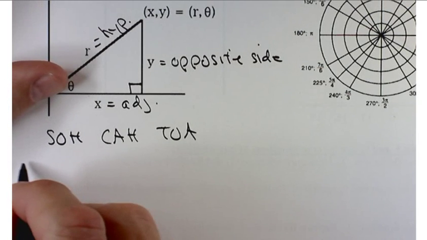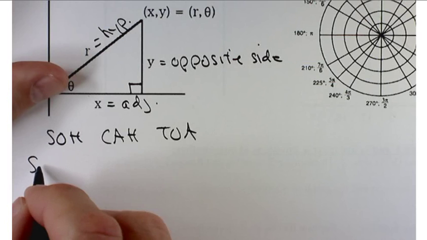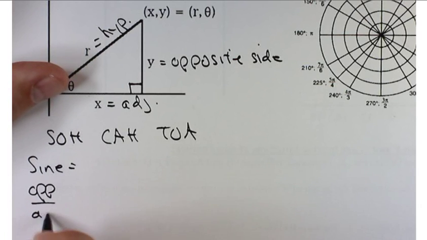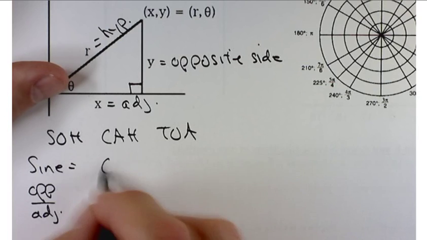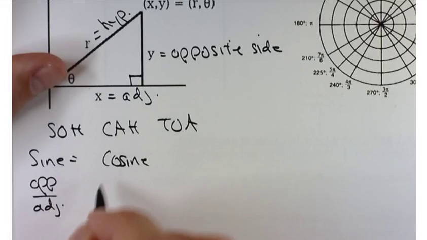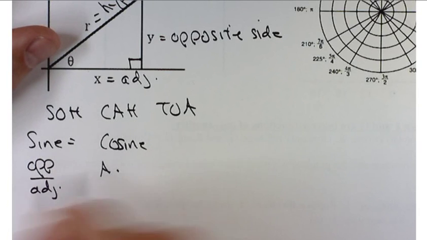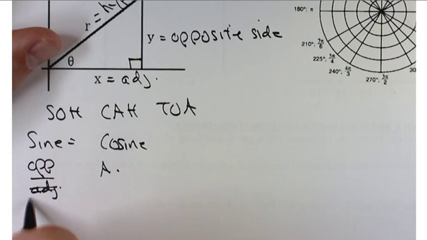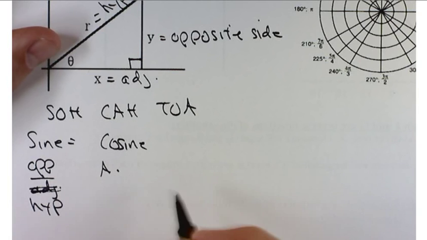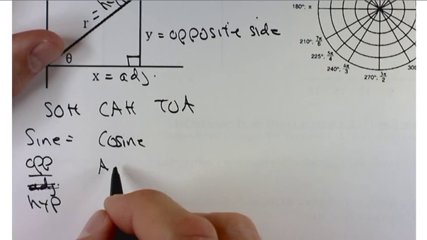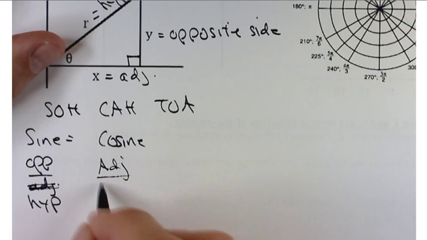So sine is the opposite over the adjacent. Cosine, well, figure it out. A and H. Wait, opposite over hypotenuse. My bad. Ooh, you guys should have been all over me on that one. There's a chance to prove me wrong. Cosine is adjacent over hypotenuse.